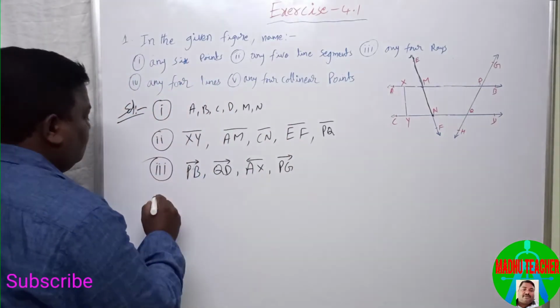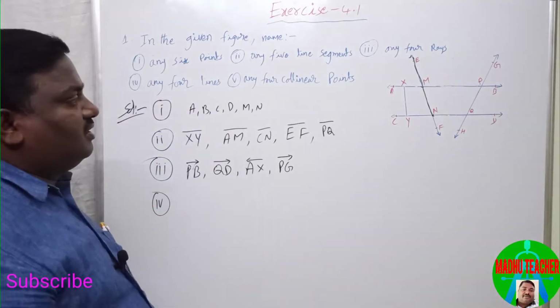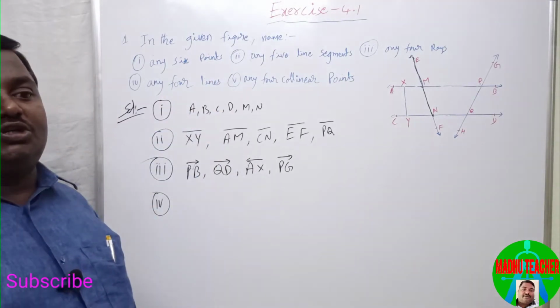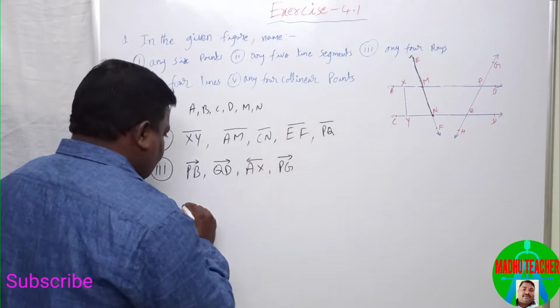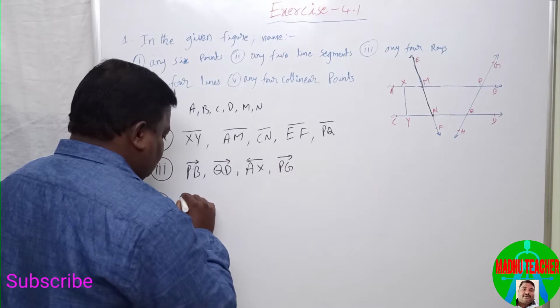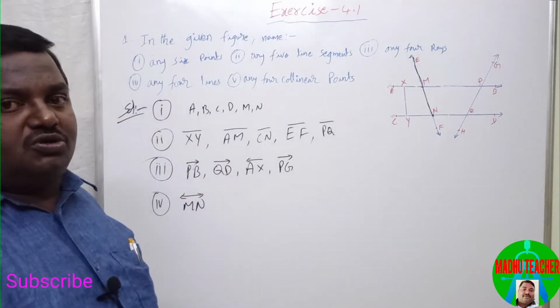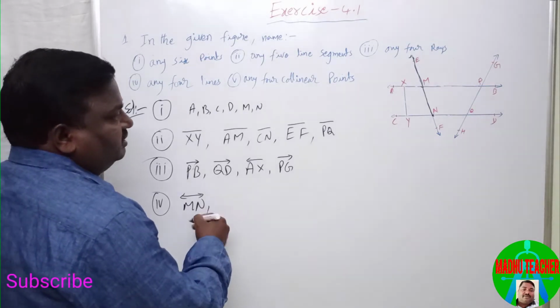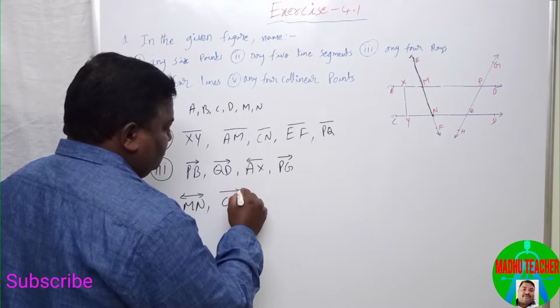So only 4 is enough, or you can write more. Next, fourth one is any 4 lines. What is a line? It has no endpoints. So here, MN. Next, CD or CN, whatever.